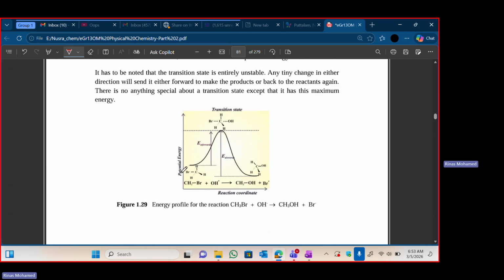For another reaction, CH3Br plus OH minus gives CH3OH plus Br minus. This Br is removed and OH comes there. For that, reactants, products, everything they have drawn here. Here see CH3Br. Product also I have drawn.